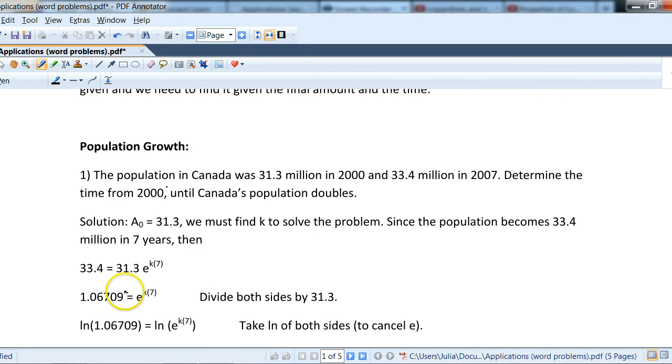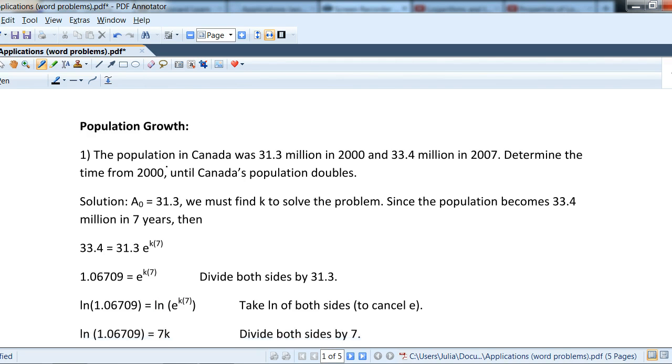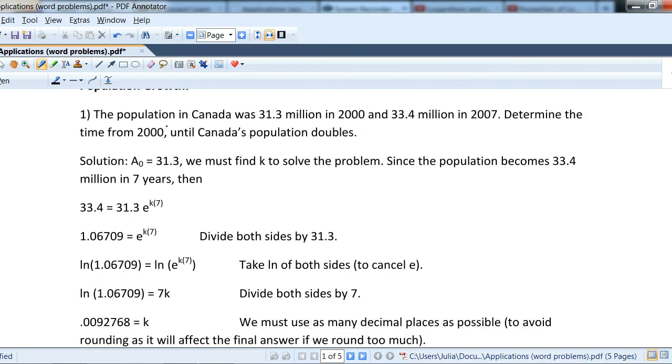Once you divide, you can take a ln of both sides. If you recall from the previous section, the ln and the e cancel each other because they're inverse functions. In fact, we use this property a lot here. So we just end up with 7 times k equals ln of this, because the ln and the e canceled. And you can just divide by 7, and we'll get k approximately.